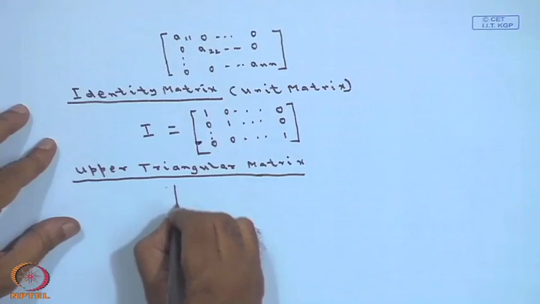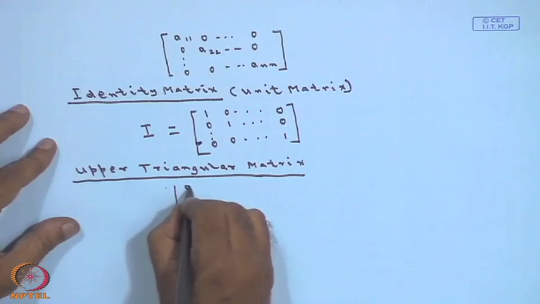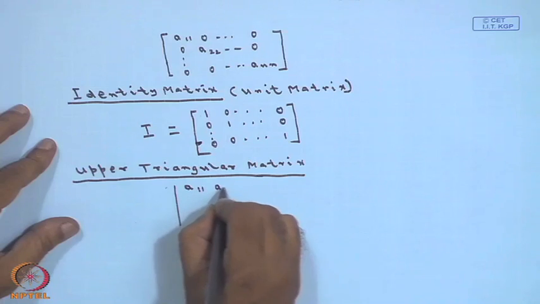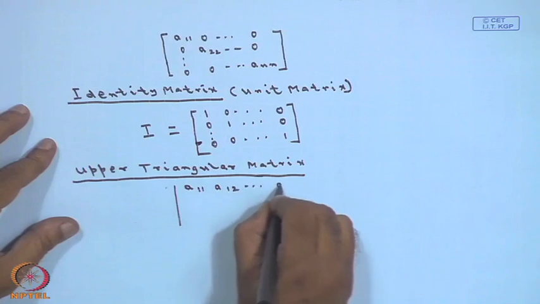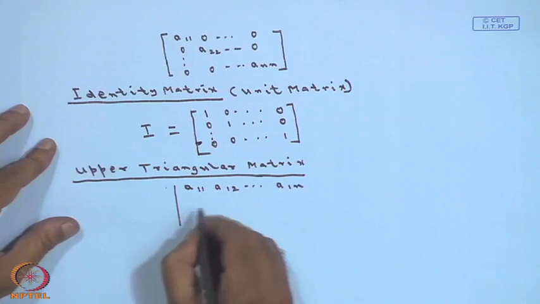In any way you can represent it. So, for an example, you consider this matrix.